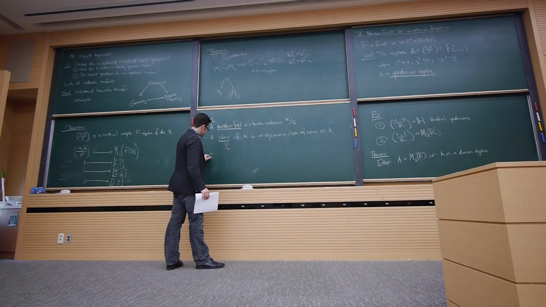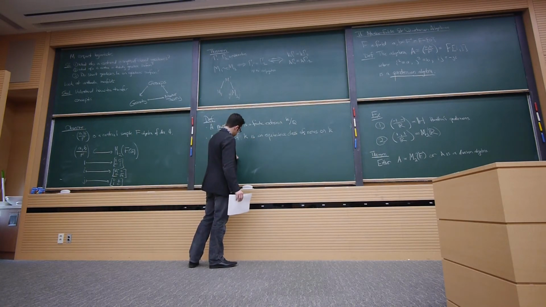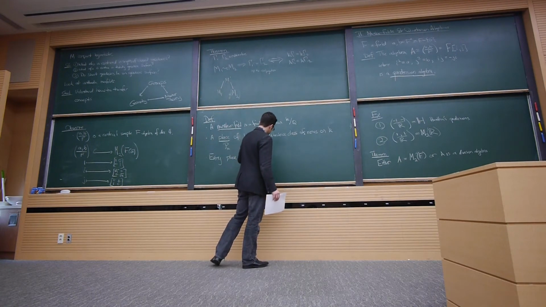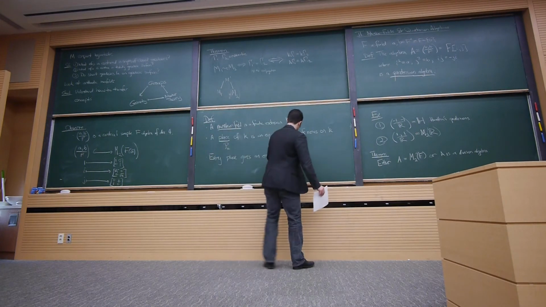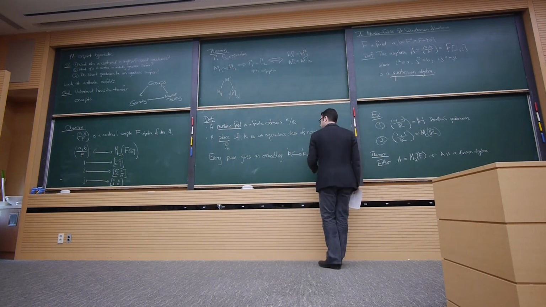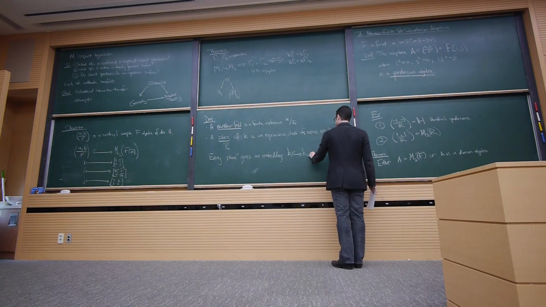So every place gives an embedding of K into K sub v, its completion.